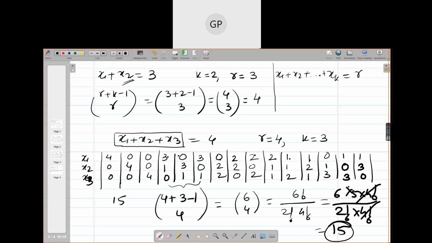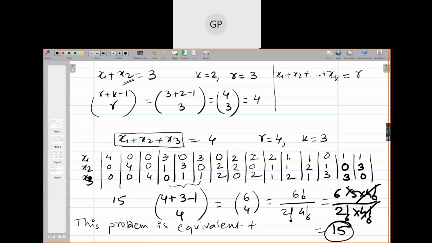At the end, you can write this statement: this problem is equivalent to that of distributing r identical objects into k distinct boxes.